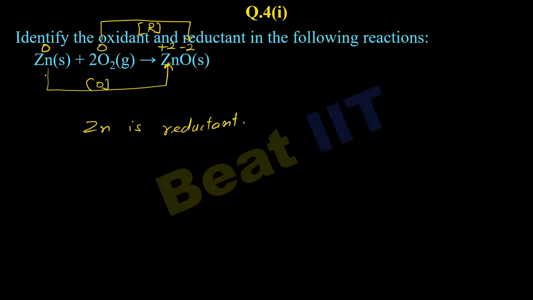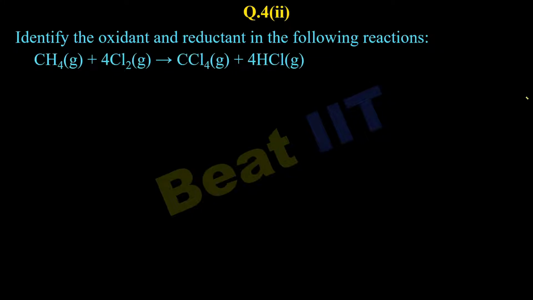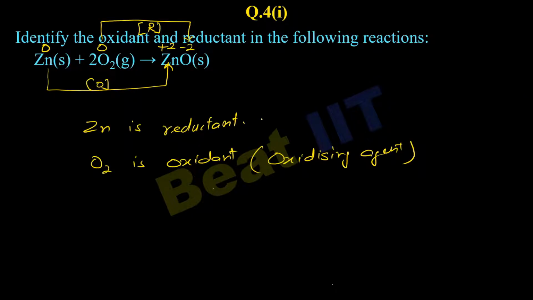Zinc is getting oxidized, and it is getting oxidized by oxygen here, by the other substance present in the reaction. It means oxygen is oxidant. Oxidant means oxidizing agent. Reductant means reducing agent.